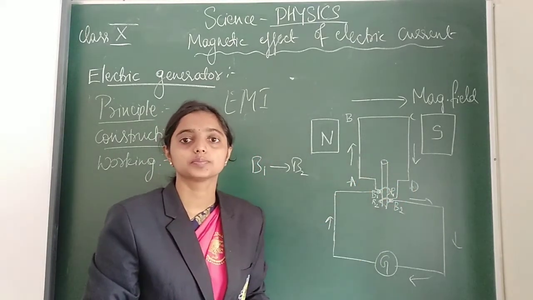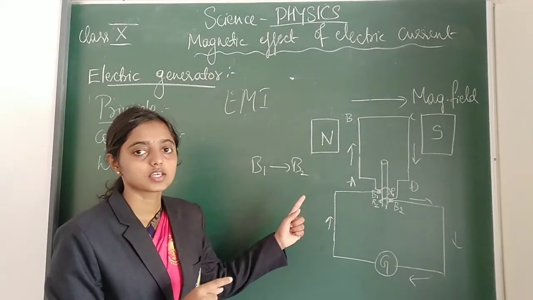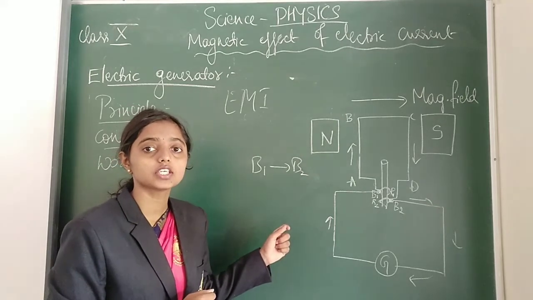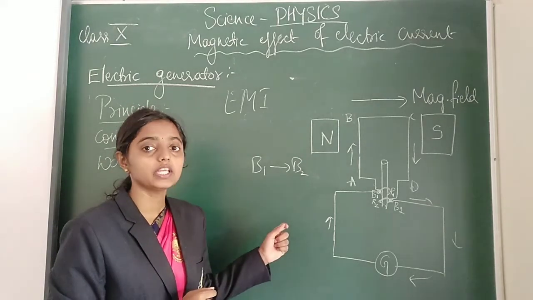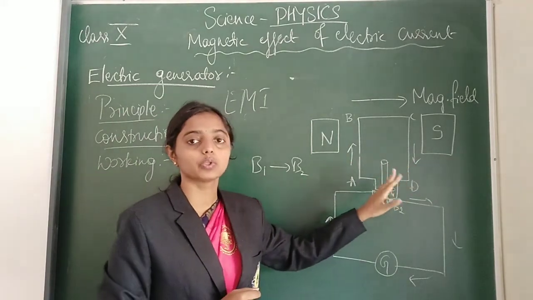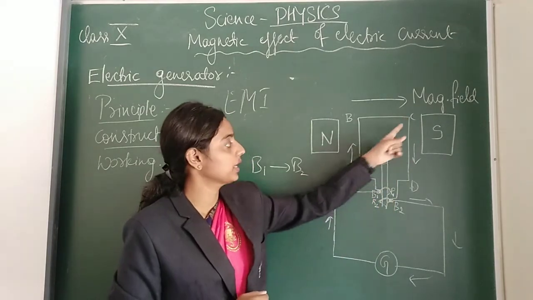Let me repeat. Now we know that current flows from B1 to B2. Thus, after every half rotation, the polarity of current will be changing with respect to the respective arms, that is AB and CD.